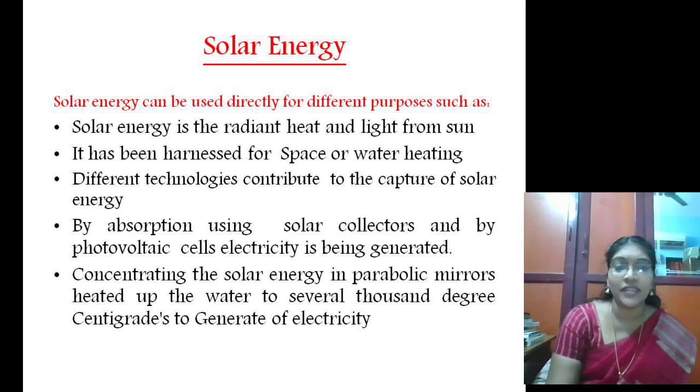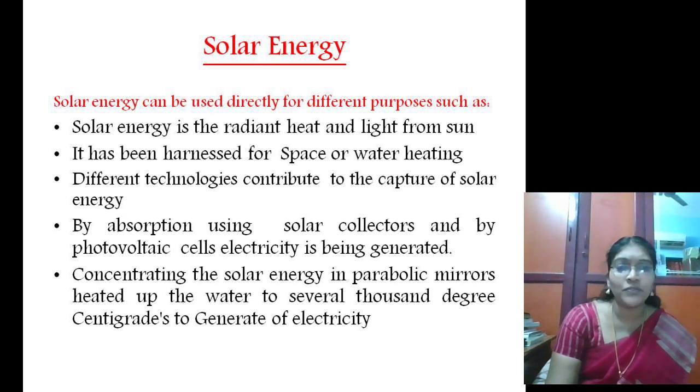Solar energy is nothing but the radiant heat and light from the sun. It has been harnessed for space and water heating, and different technologies contribute to capturing solar energy, because the solar energy that we receive in the Earth's atmosphere is highly diluted.